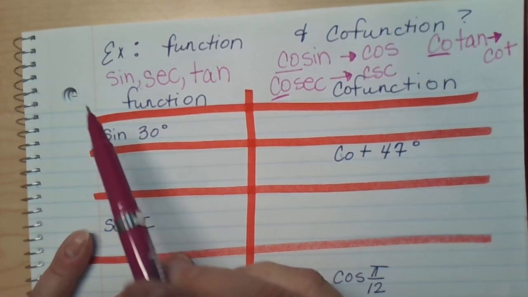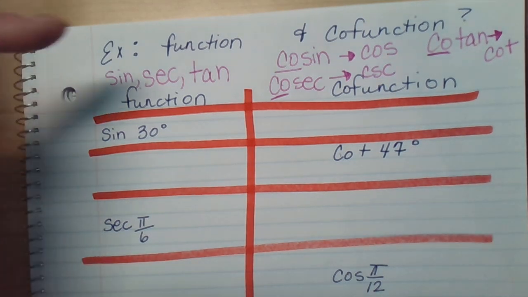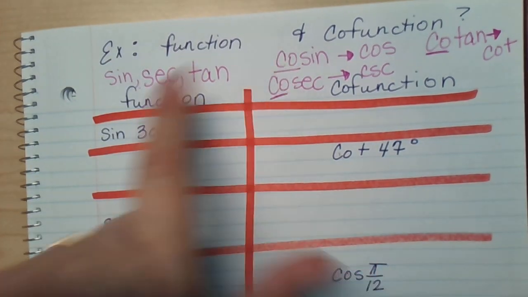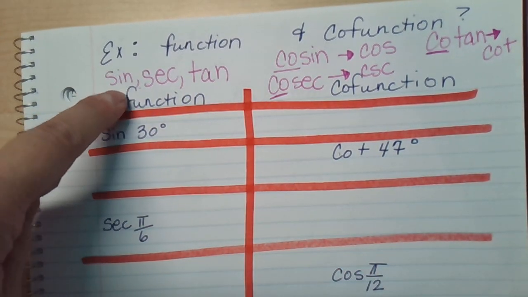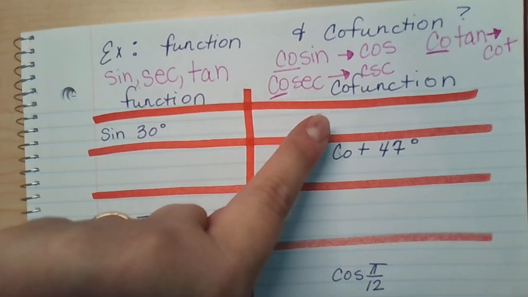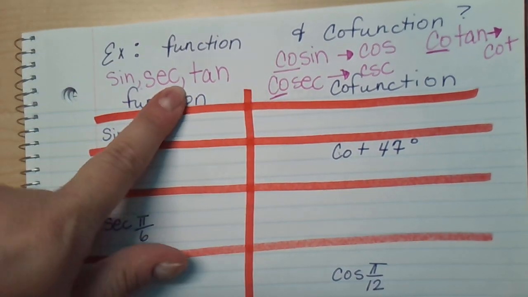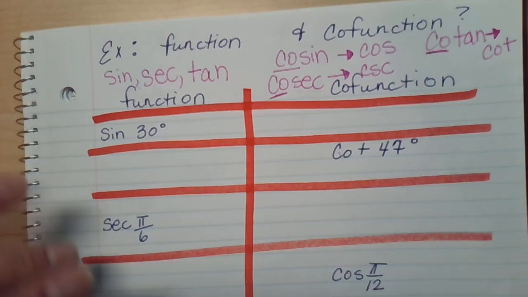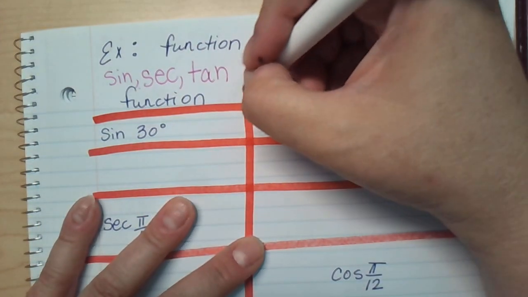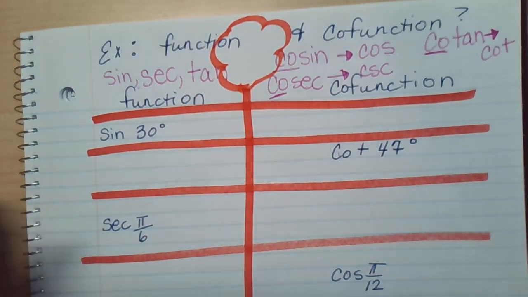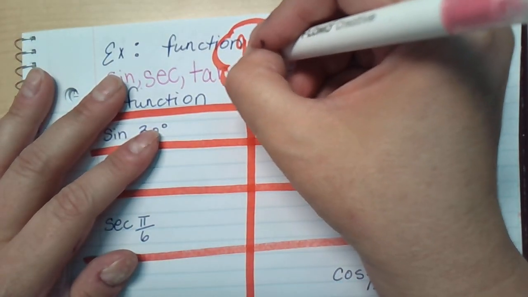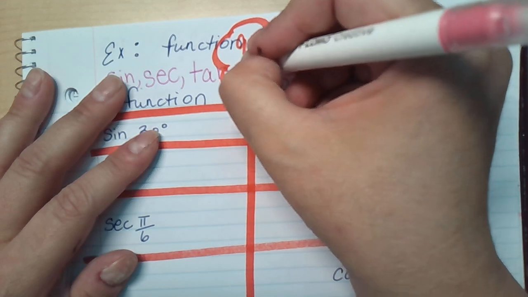So functions are sine, secant, and tangent, the original words. But once you put a co on those words, cosine, cosecant, that means you're finding a cofunction. The other thing we need to know about cofunctions is they add to 90. They're complementary. So they add to 90, or if you're dealing with pi's, that's pi over 2.